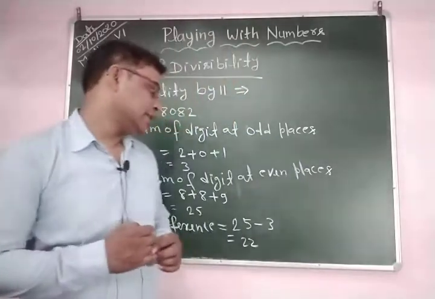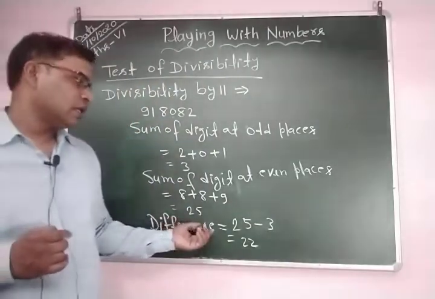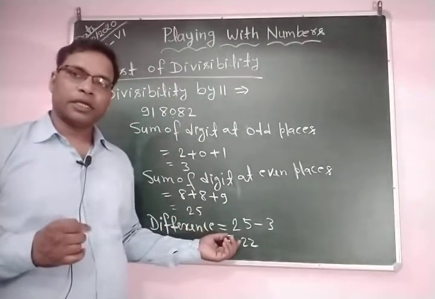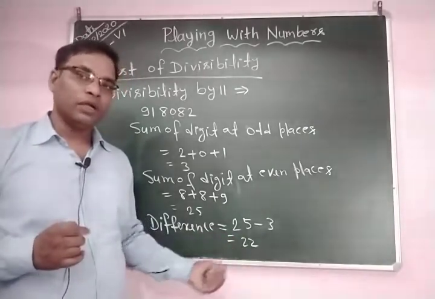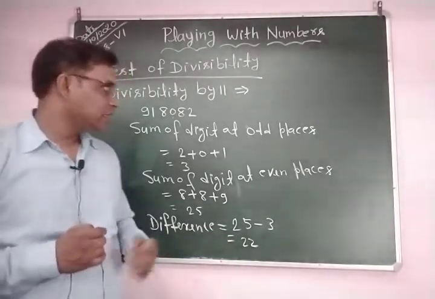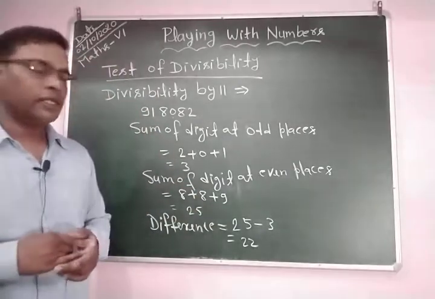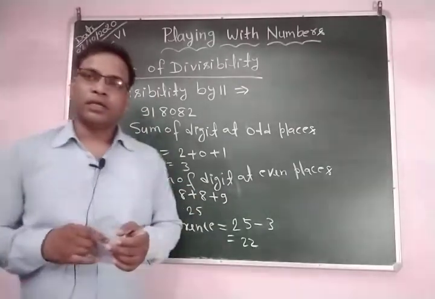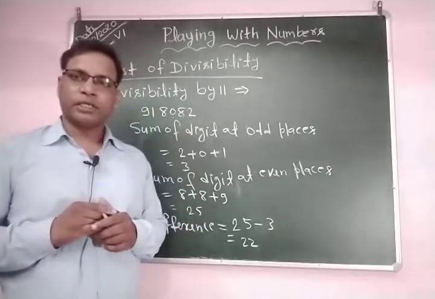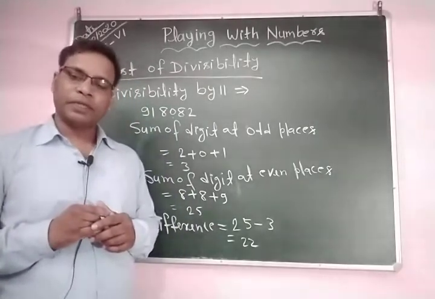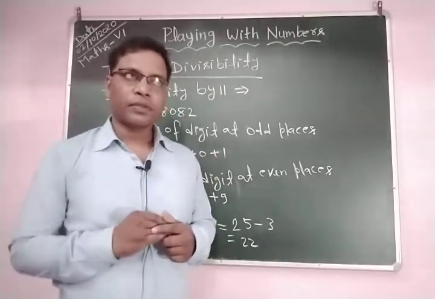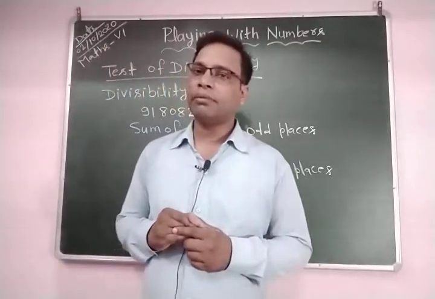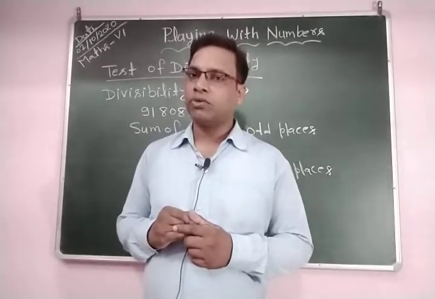Here the difference is 22, and 22 is divisible by 11. It means that this number is divisible by 11.